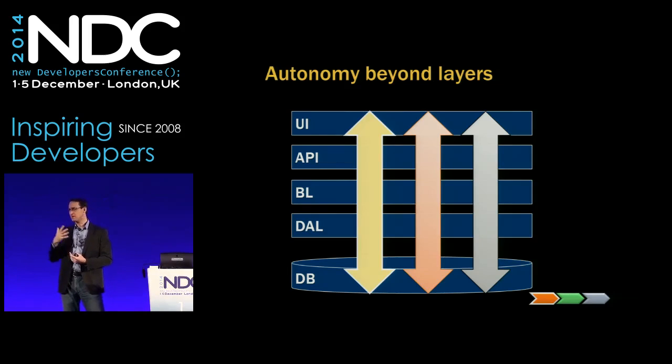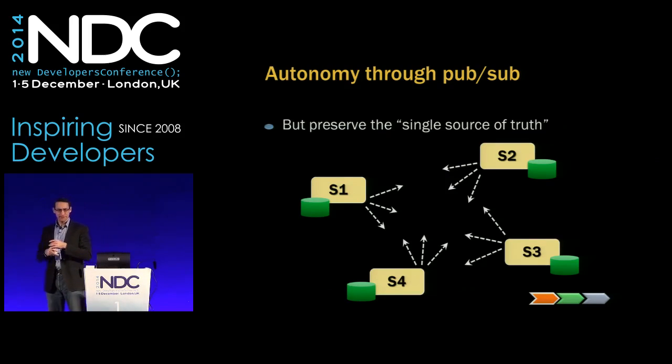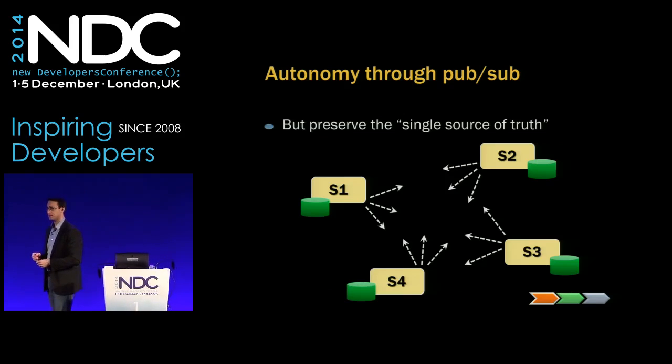We're not going to see very much request-response between services because they just don't really need each other's data that much. However, we will need occasionally to use some sort of coordination between them. And often publish-subscribe communication techniques are a very good way of doing that.